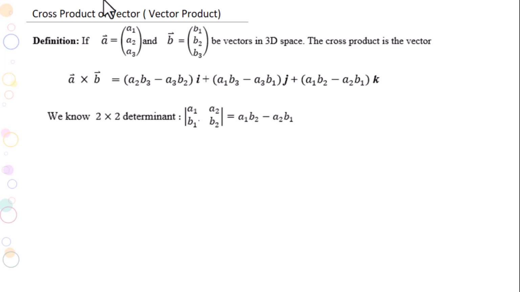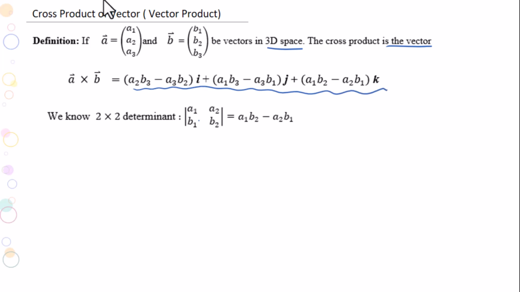This video is about the cross product of vectors, or the vector product. If vectors A and B are vectors in 3D space, the cross product is the vector A cross B equals this.